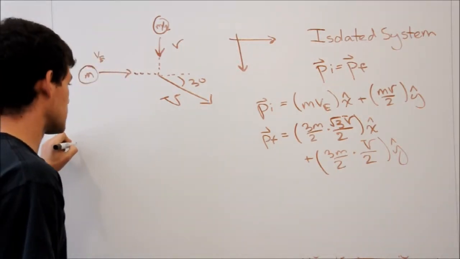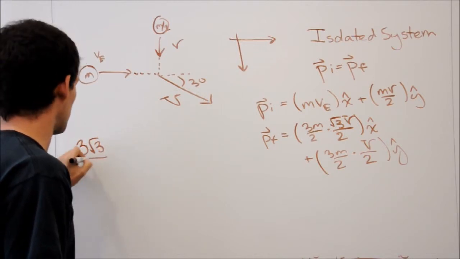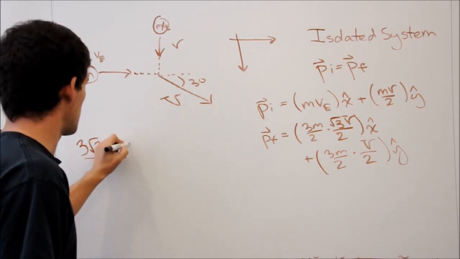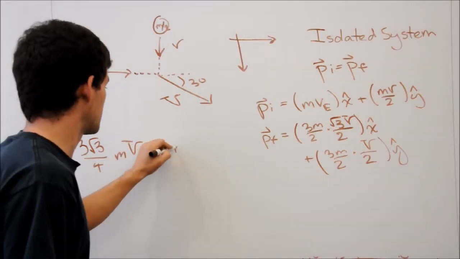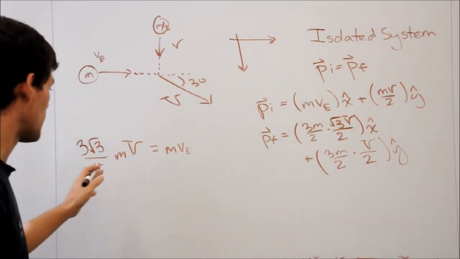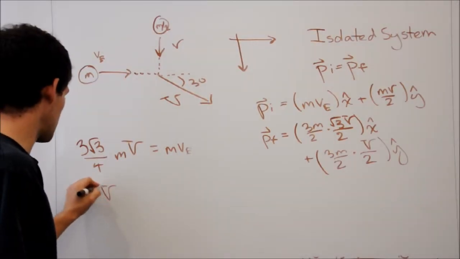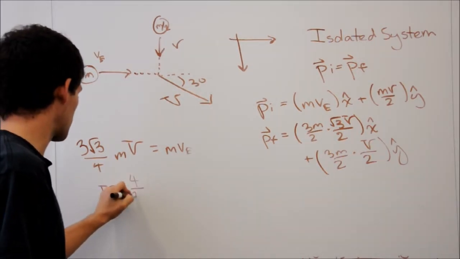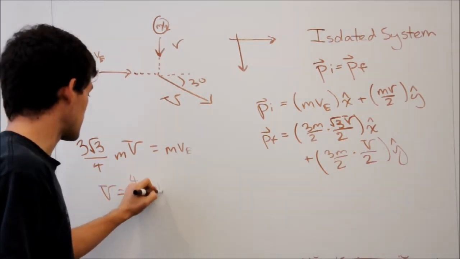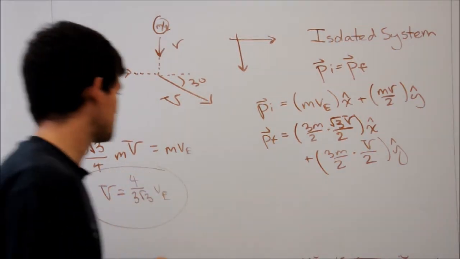That's going to give us 3 root 3 over 4 times m big V equals m times v sub e. Now all we have to do is cancel the m terms, and we pull this over, so big V equals 4 over 3 root 3 times v sub e. So right away we have one of our solutions.